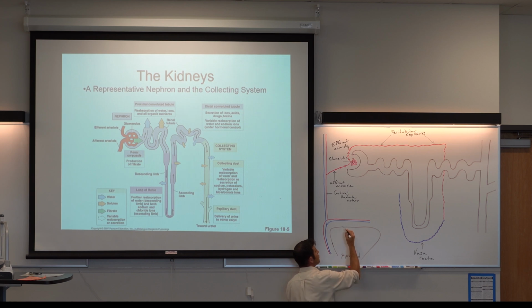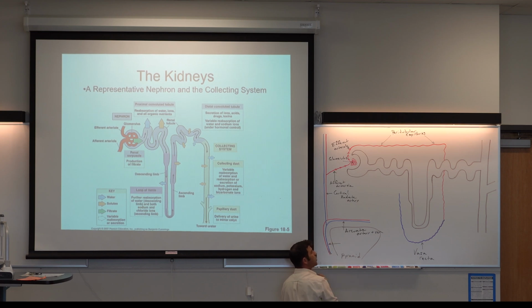In fact, let me just relabel this real quick to give myself a little more space. These blood vessels that we can see running along the base of the pyramids, we call those arcuate arteries and veins. And we see the blood vessels that are running along the sides of the pyramids.